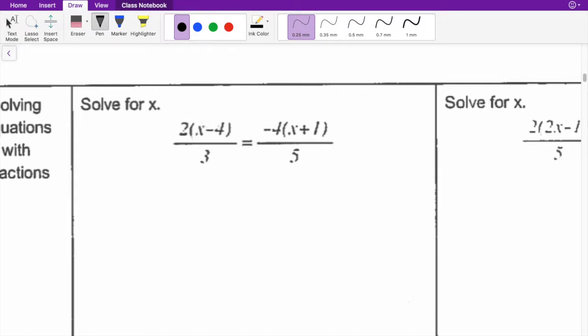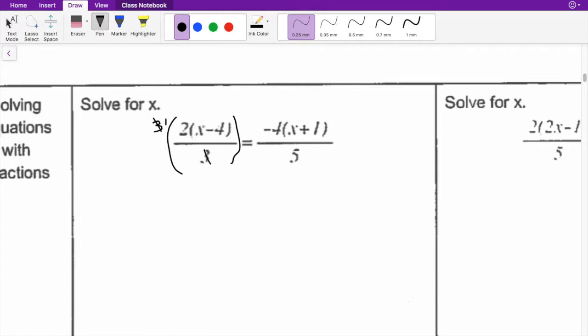So how do we do that? Well, it's a division, the easy way to get rid of it is multiply the whole thing by the denominator, right? So if I multiply this by 3, that's going to end up being 3 divided by 3, right? Which will just cancel out and create a 1.